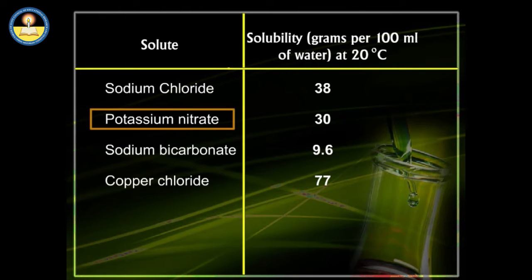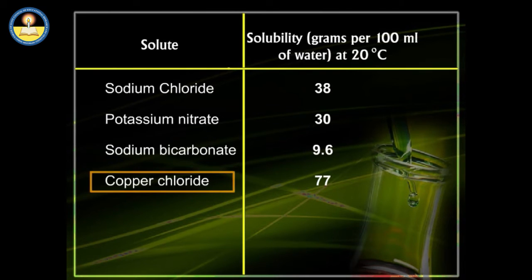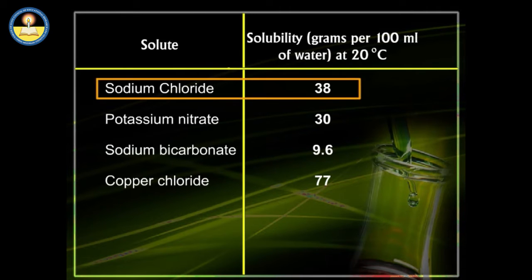Solubility of potassium nitrate is 30 grams per 100 milliliter. Solubility of sodium bicarbonate is 9.6 grams per 100 milliliter. And solubility of copper chloride is 77 grams per 100 milliliter. This means that at 20 degrees centigrade, copper chloride has about twice the solubility of sodium chloride.